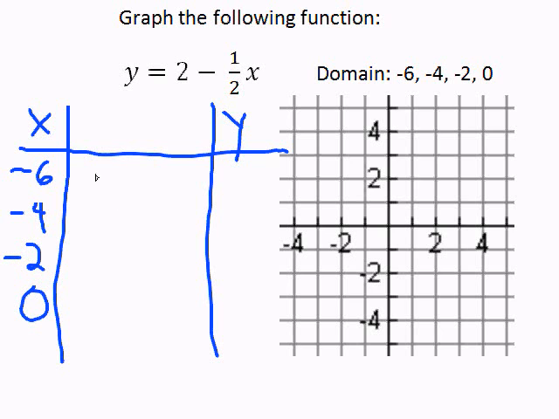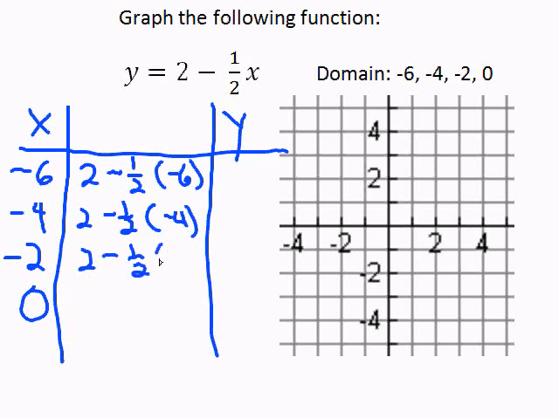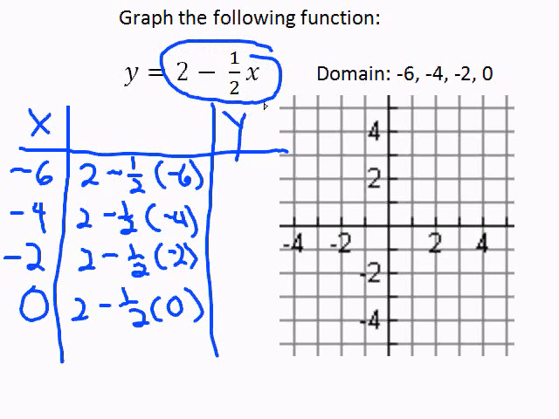If x is -6, we get 2 minus 1/2 times -6. -4, 2 minus 1/2 times -4, 2 minus 1/2 times -2, and 2 minus 1/2 times 0. Again, I'm just copying down my function rule, putting in the x numbers for the x, straight down the line.